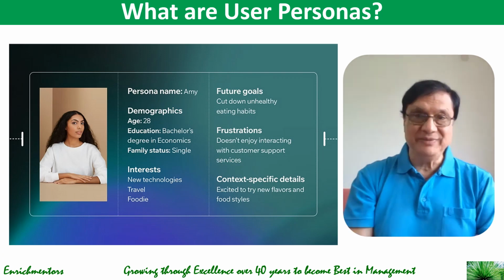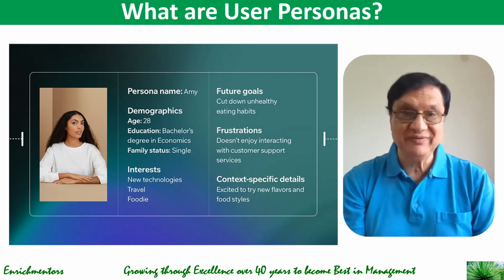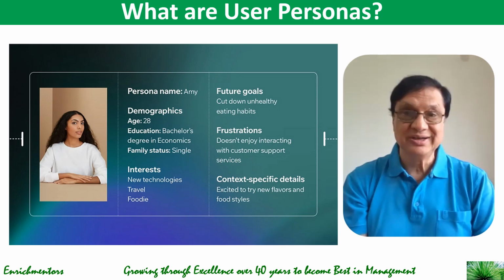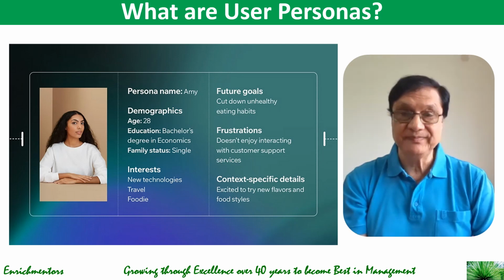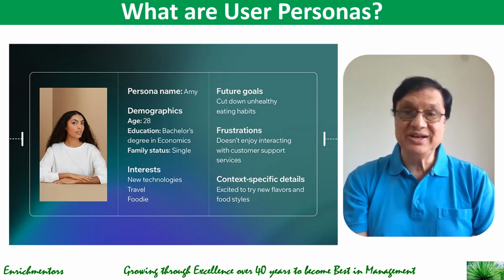So here is Amy, and we are talking about her user persona. Her demographics: she is 28, has a bachelor's degree in economics, and is single in terms of family. Her interests are new technology, travel, and food. She is a foodie. Her future goals are to cut down unhealthy eating habits.